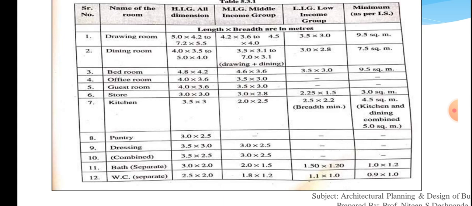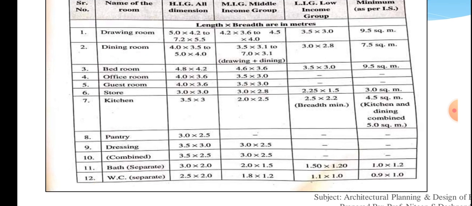For combined pantry and dressing, for higher income group it should have a size of 3.5 by 2.5, for middle income group it should have a size of 3 by 2.5. There is no specification for lower income group and minimum as per Indian standard.